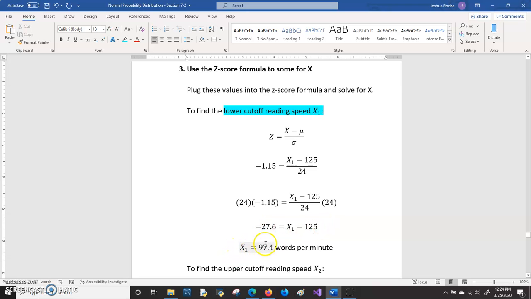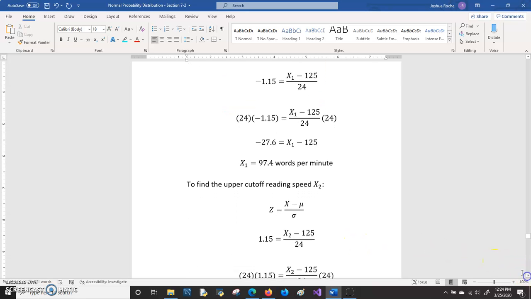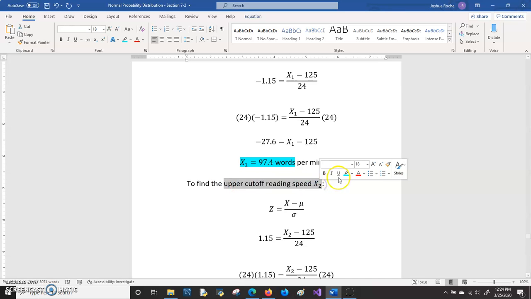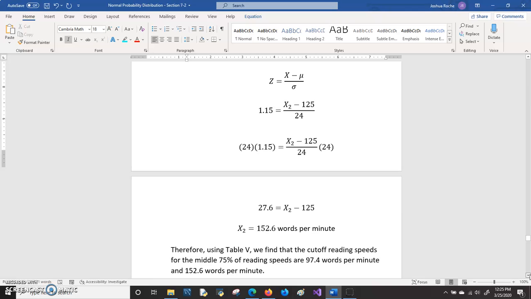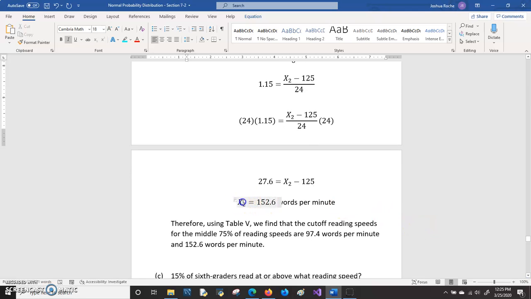It comes out to 97.4 words per minute. To find the upper cutoff of the reading speeds, use this z-score, 1.15, plug that into the z-score formula, work it out, solve for x2, and it comes out to 152.6 words per minute.